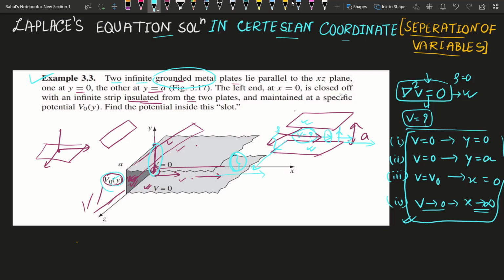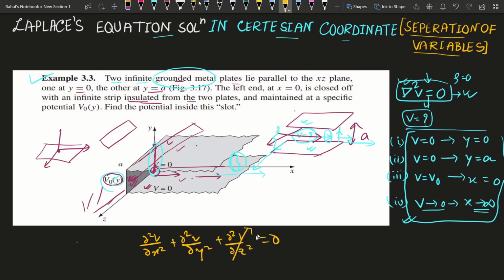That means Laplace's equation, this del is written like this in 3D form: del square V, which means del square V by del x square plus del square V by del y square plus del square V over del z square equals 0.